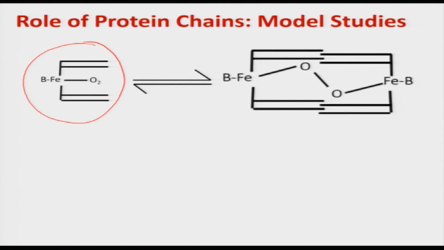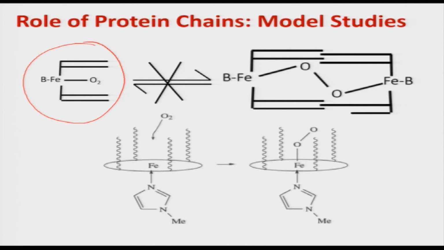So, we can stop the formation of mu-peroxo, and indeed this has happened. Once we make this artificial heme center with substituents at the periphery, because of the steric effect it will not convert to mu-peroxo, rather it binds dioxygen in a reversible fashion.